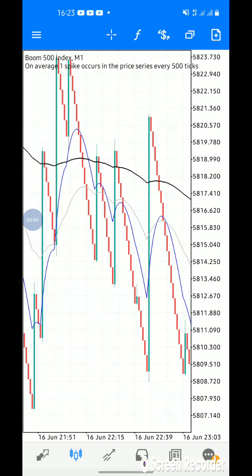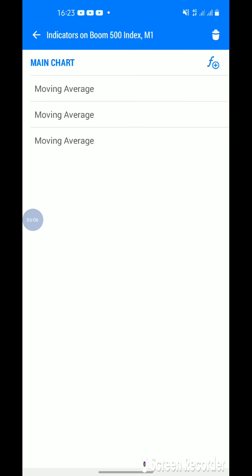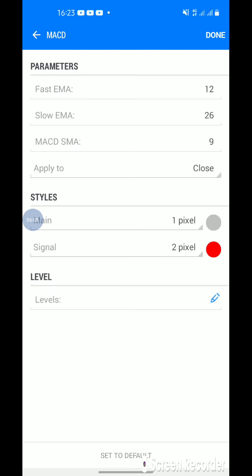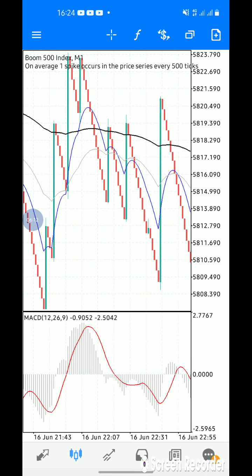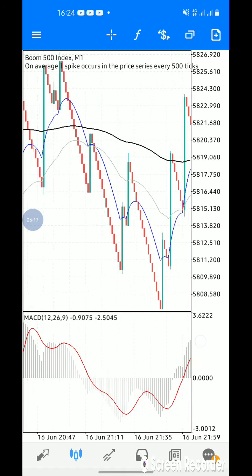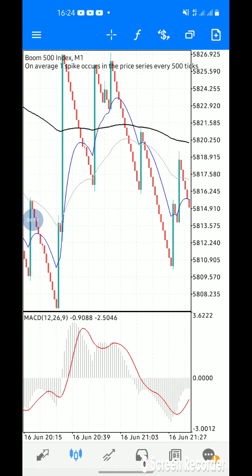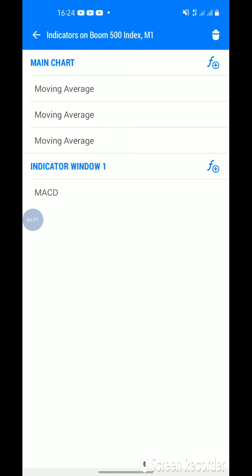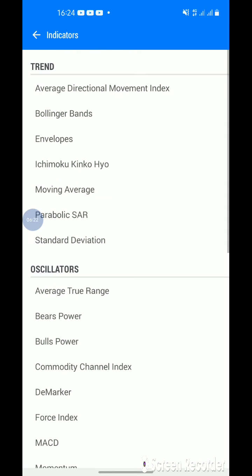We can also have another method to be sure that we can get spikes, which is the addition of the MACD in a separate window. Then I have to style this MACD. Sometimes people put a moving average on it.